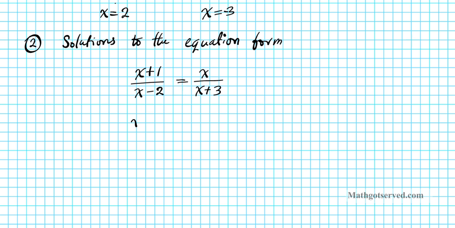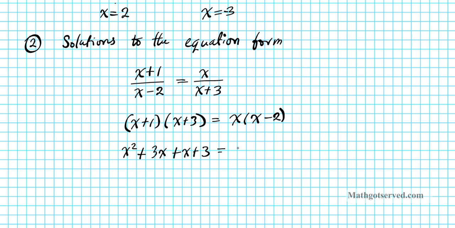Cross multiply first: (x + 1)(x + 3) = x(x - 2). Then we can distribute this out. We're going to have x squared + 3x + x + 3 on the left, and on the right side, x squared - 2x.